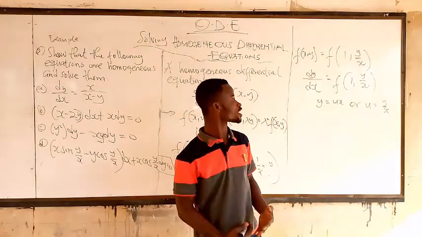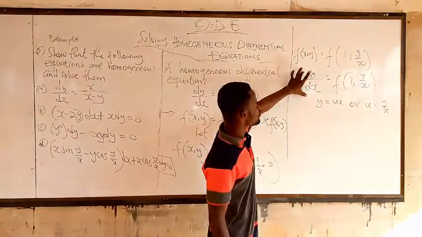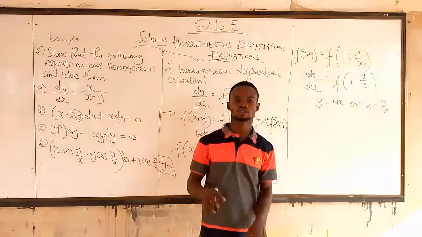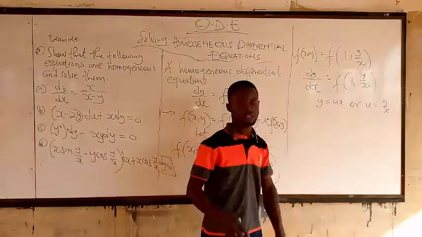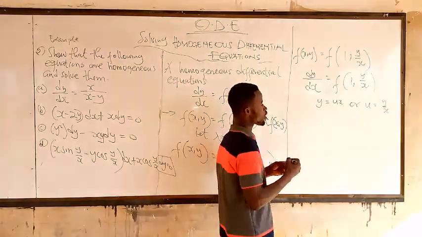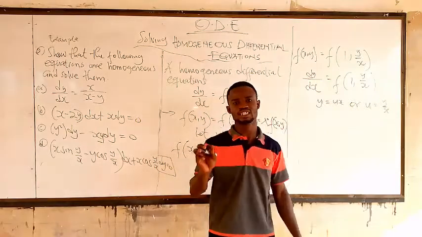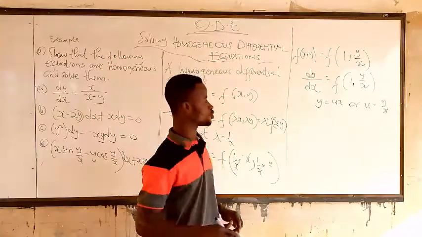So here, after putting u equal to y over x, or y equal to ux, we want to define this dy/dx. So we are going to differentiate this with respect to x. That is why even if we set u to be equal to y over x, you will still need to make y stand alone.